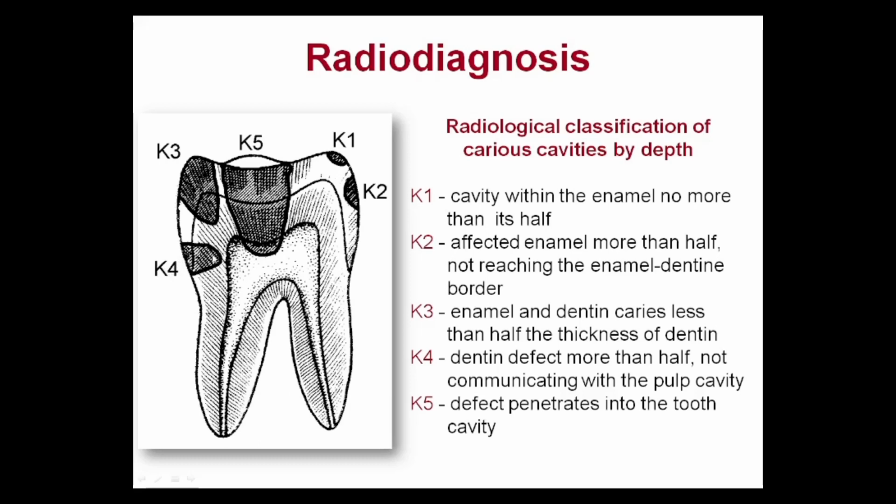And the last one, K5, defect penetrates into the tooth cavity. Enamel, the whole enamel, the whole dentin, and even penetrates into the pulp cavity. 1, 2, 3, 4, 5. 5 classes of caries according to radiological classification.